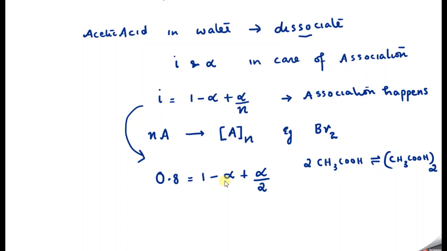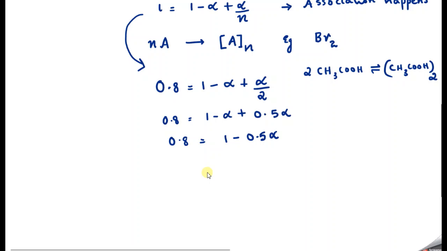So 0.8 is equal to 1 minus alpha plus 0.5 alpha. So 1 minus alpha plus 0.5 alpha is 1 minus 0.5 alpha. From this you can calculate the alpha value, that is what they are asking you.